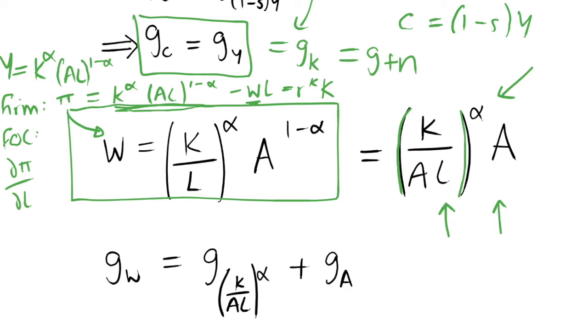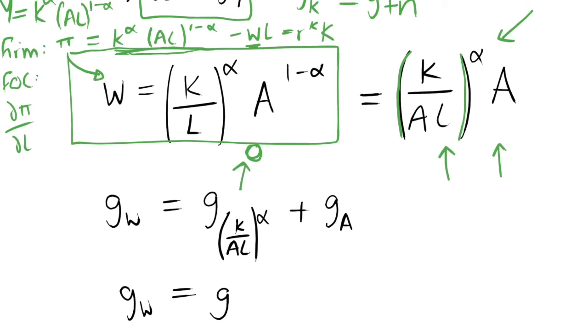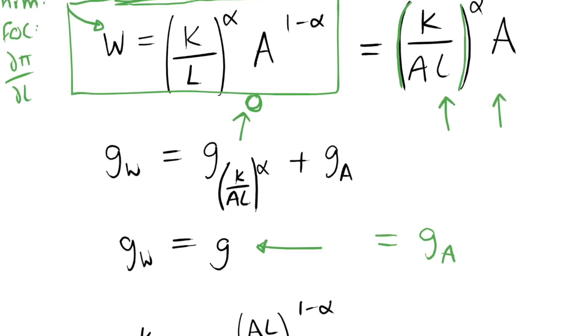So the growth rate of K over AL to the alpha plus the growth rate of A, and we know that K over AL grows at a growth rate of 0. So this is equal to 0, and our wage rate just grows at our rate of technological progress, g. g, of course, is equal to g_A here; we just called it g. So our wage rate doesn't grow at n plus g like the other things do, but at rate g, so still very simple to remember.